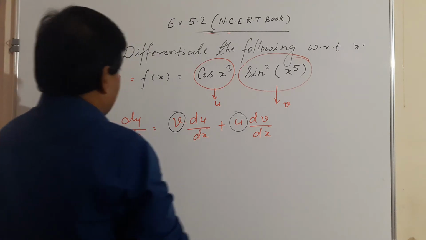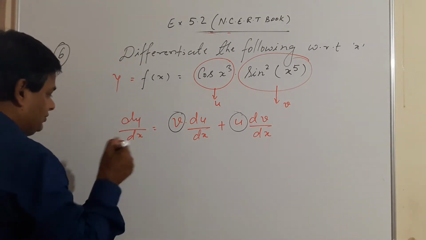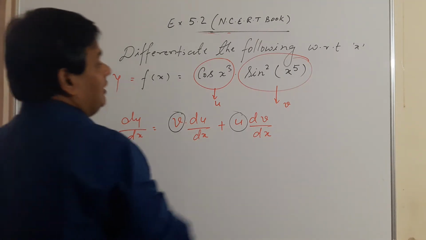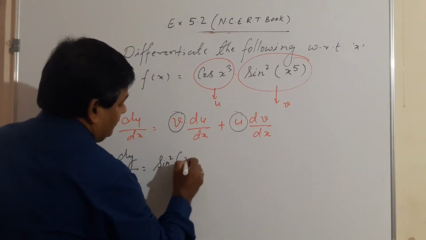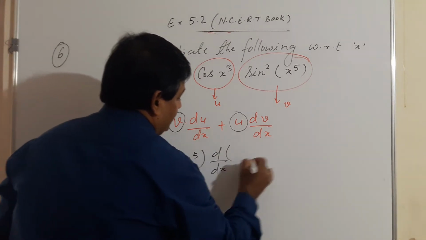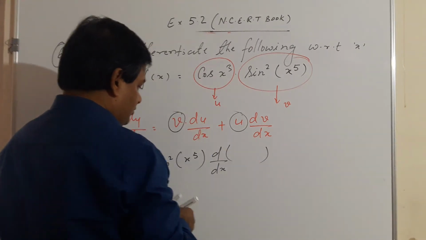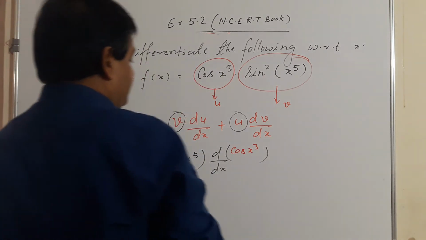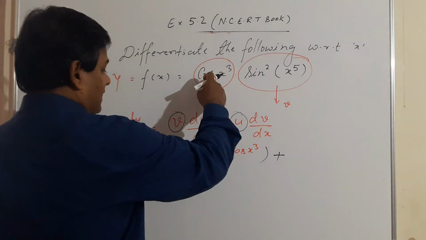So write down dy by dx is equal to, what is v? V is sine square x raised to the power 5, differentiation of u. What is your u? U is cos x cube. So write here cos x cube, plus u, what is u? Cos x cube.